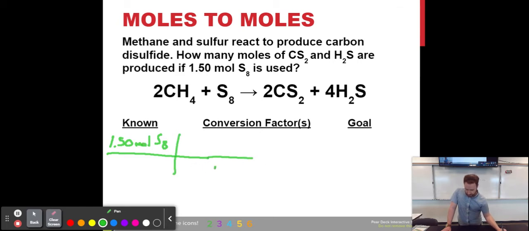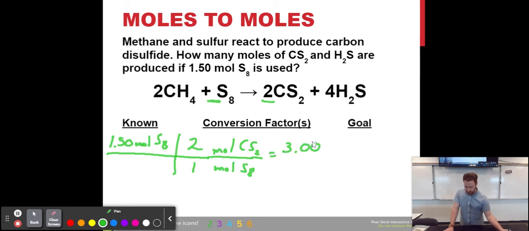Since moles of S8 is up there, we're going to just take that and put it down here. And we're trying to figure out how many moles of CS2 that will produce. The molar ratio of S8 to CS2 is that for every 1 mole of S8, 2 moles of CS2 will be produced. 1.50 times 2 is going to be 3.00.